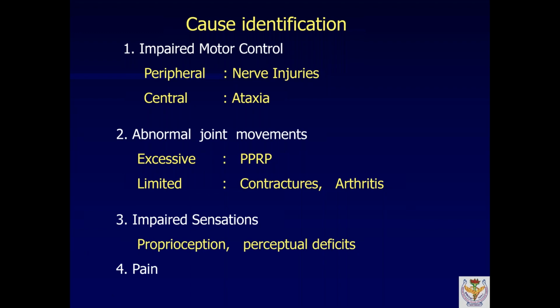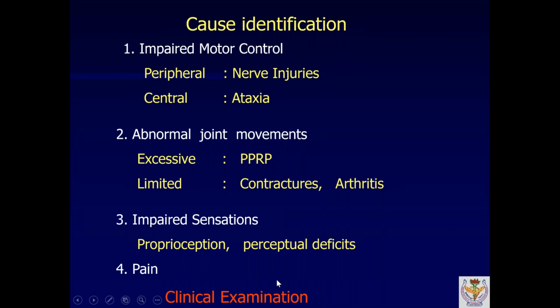When we are walking, the proprioception, the feedback that we're getting back from the feet, if there is a proprioceptive deficit, then that could also give rise to impaired sensation and abnormal gait. Perceptual deficits, even like a person who's under the influence of alcohol, would have an abnormal type of gait. And of course, one of the main components of abnormal gait could be pain itself. We'll talk about antalgic gait later.